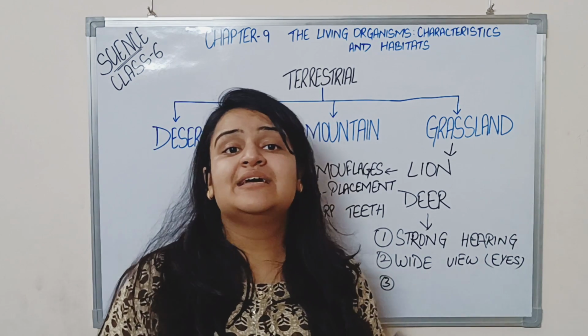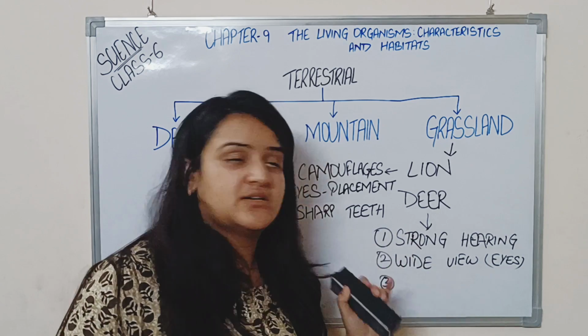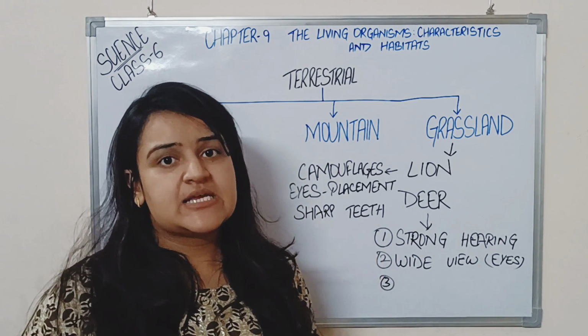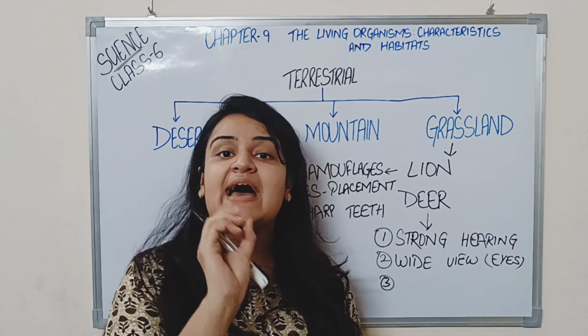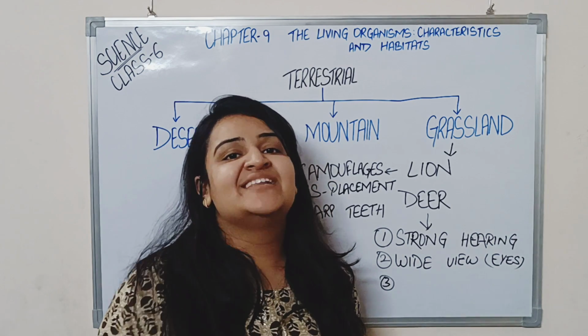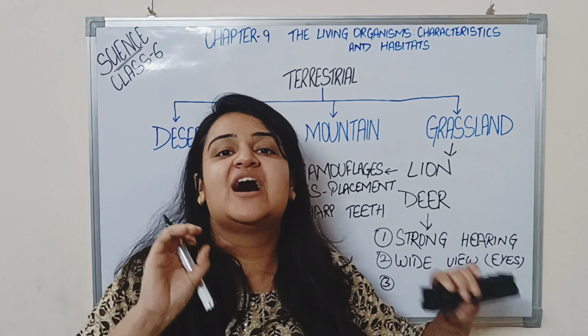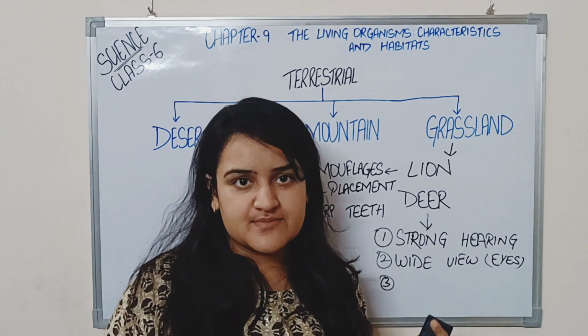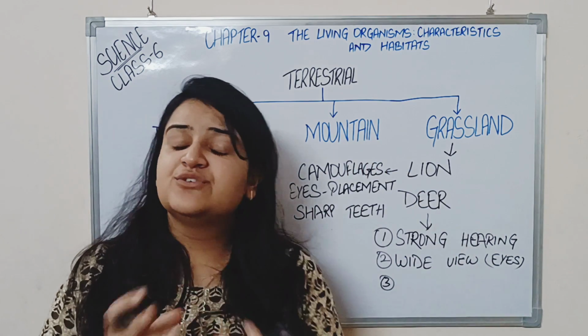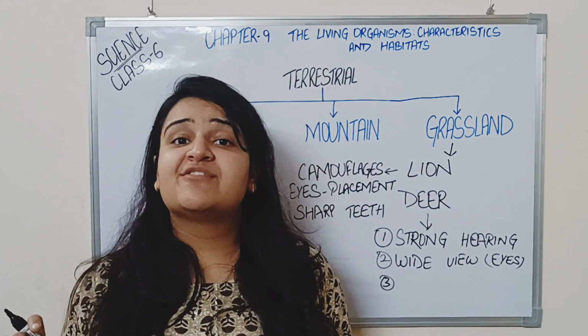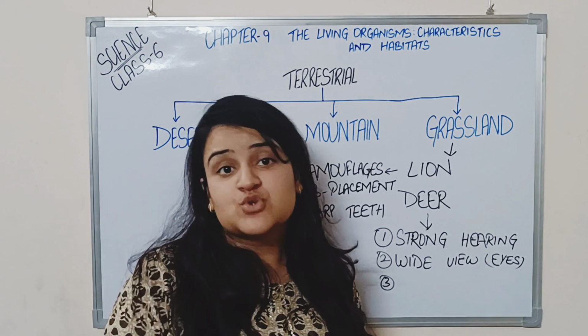Now what is the dietary habit of the deer? Deer actually eats raw plants. So it has to have strong teeth so that it can chew very hard, sticky and chewy stems and chewy leaves, because in the grassland or in the forest they are not going to find all the favorable leaves that are soft, right?